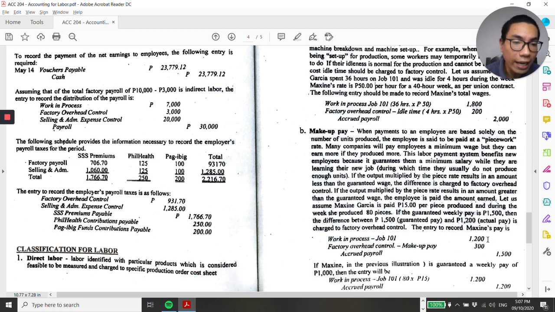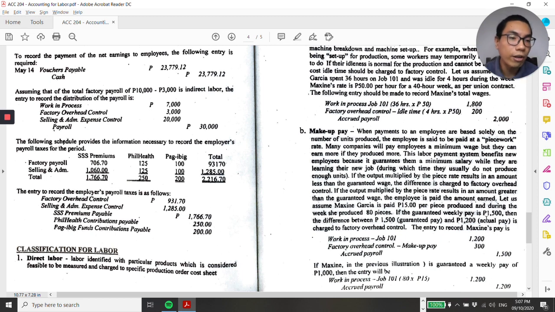And for the overhead account, syempre iba naman talaga yung actual payment to the employee. Kasi di ba kanina I've mentioned na we'll be using pa din kung ano pa yung normal hourly rate niya, which is 50. So kung 50 yung hourly rate niya, na-mention ba yung hours? Ay, hindi.